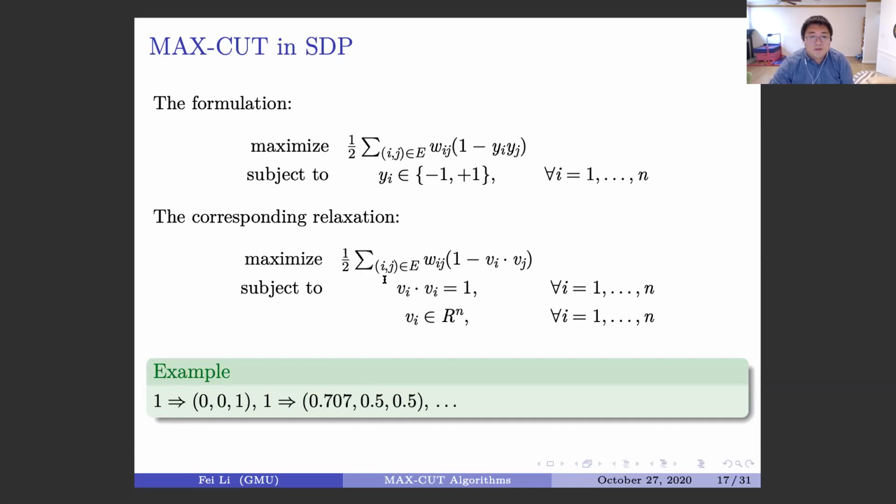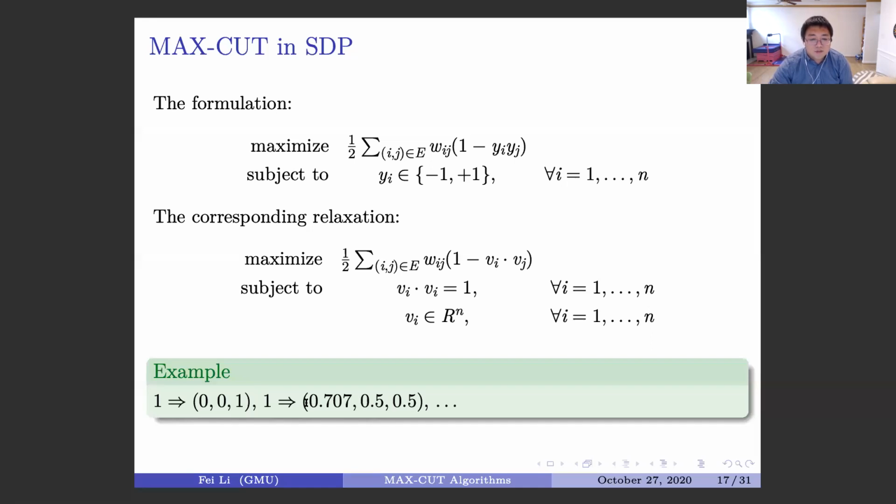So here's the key of designing the algorithm. For the integer program, we know that it's really hard to find the solution in polynomial time unless P equals NP. So we are looking for the relaxation, which is polynomial time solvable with additional error bounds. But here, whenever we get the vector values, they are not integer values.